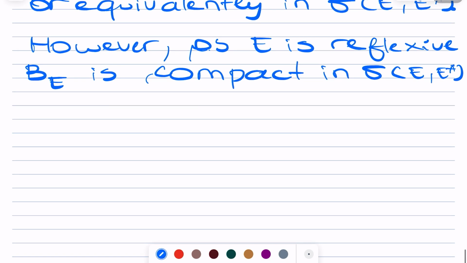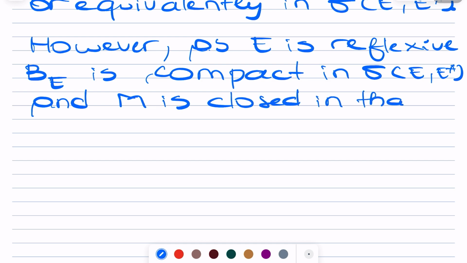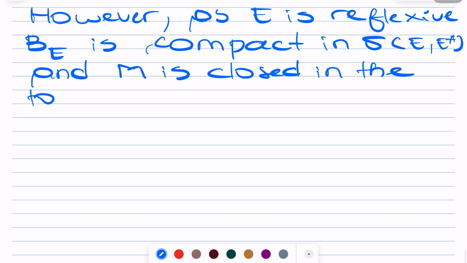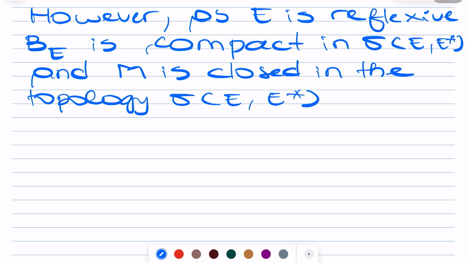And M is actually closed in this topology. Let me put it in brackets.